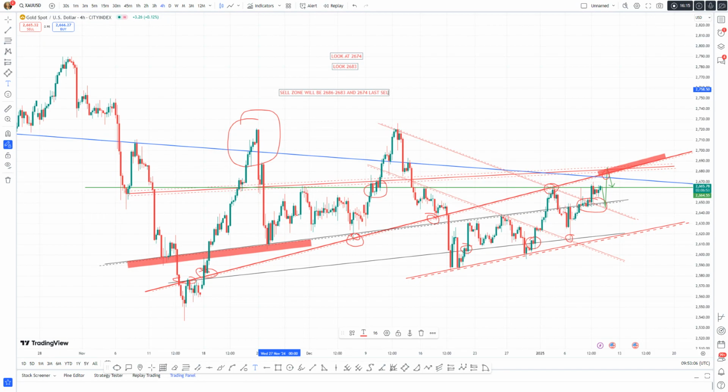Last sell setup. Manage your risk. Risk management is key.